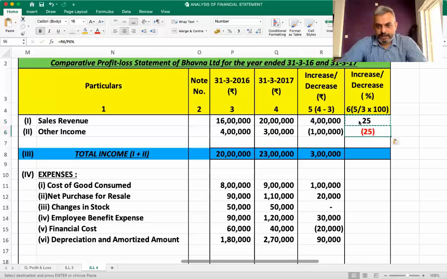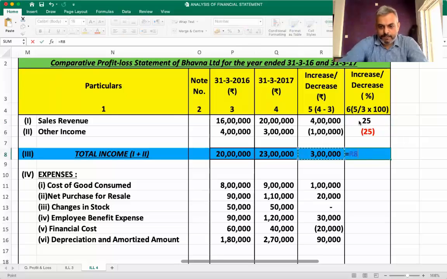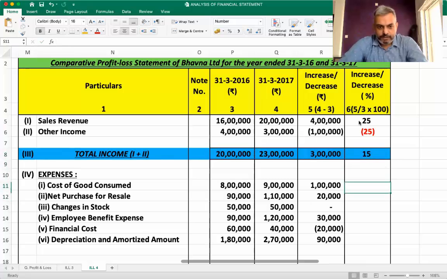So 25 and 25. You can see sales revenue increased by 25%, but other income decreased by 25%. So overall, what's the impact? 3 lakh divided by 2 lakh, percentage. So overall, it is a 15% increase. Then cost of goods consumed. Let's go one by one.